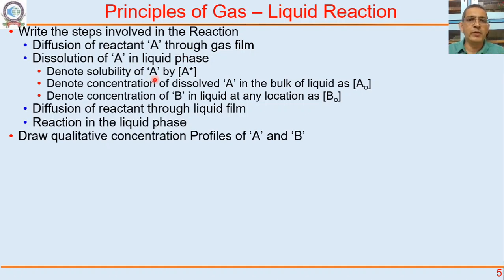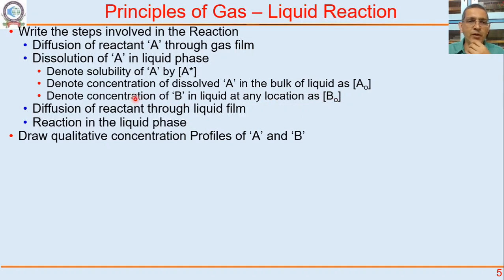We are going to denote solubility of A by A star. Once it is dissolved, then A can start reacting. Then A will diffuse inside from the interface to the bulk of the liquid and then react. We are going to denote dissolved concentration of A in the bulk of liquid as A naught, and concentration of B in the liquid bulk as B naught.